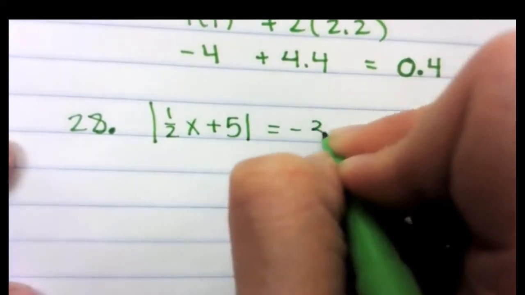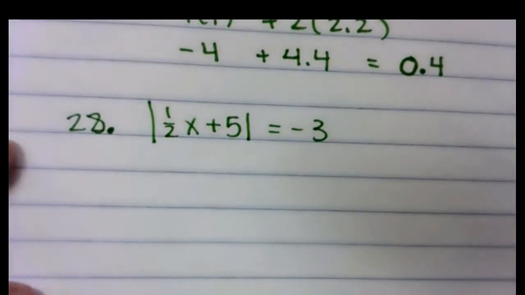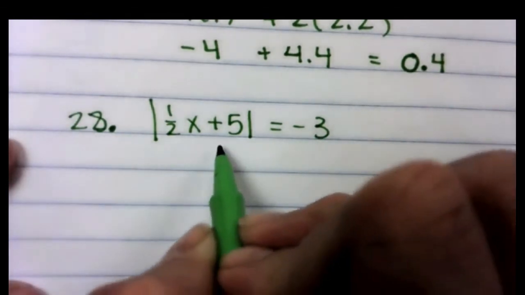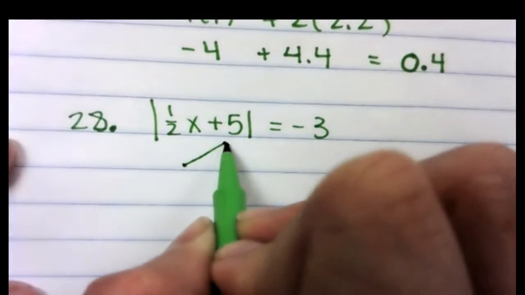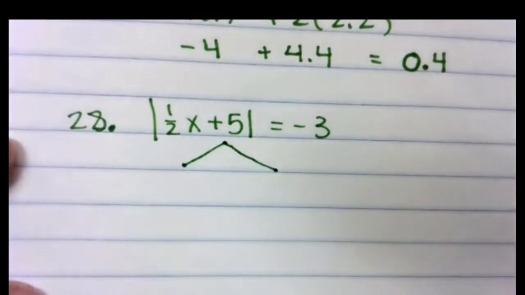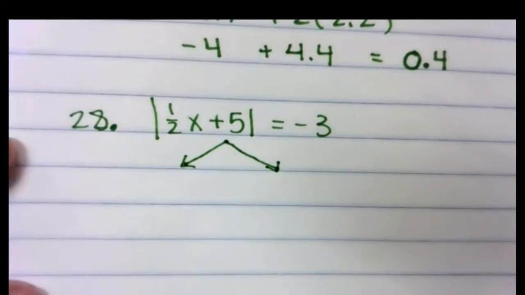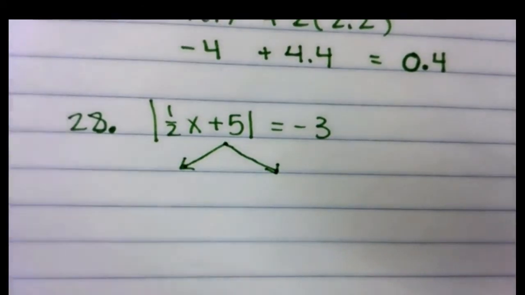When we're solving an absolute value, what's the very first thing we do to that absolute value? What do you think, Dominique? Yeah, I like the word separate or split.